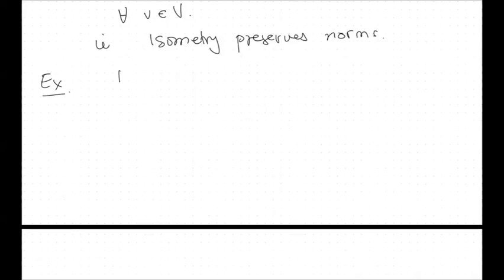Suppose lambda 1, up to lambda n are scalars with absolute value 1. So they are 1 or negative 1.